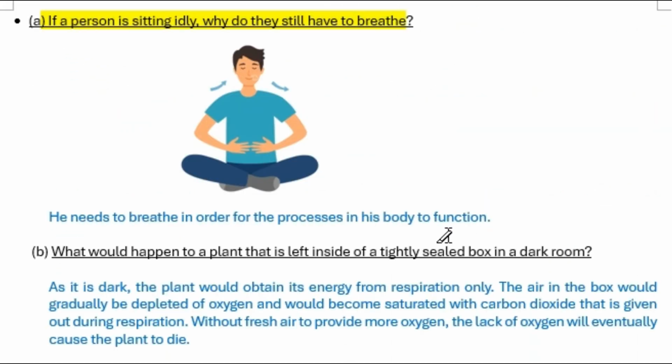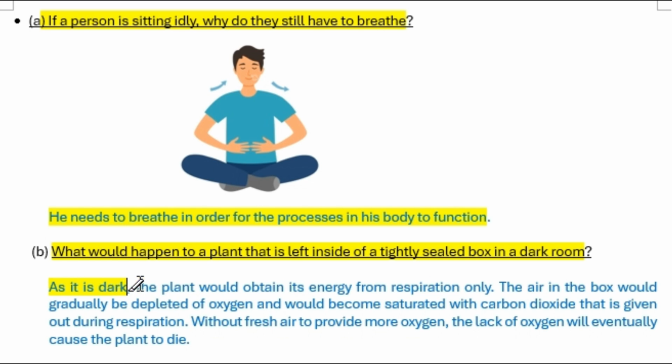If a person is sitting idly, why do they still have to breathe? He needs to breathe in order for the processes in his body to function. B. What would happen to a plant that is left inside of a tightly sealed box in a dark room?